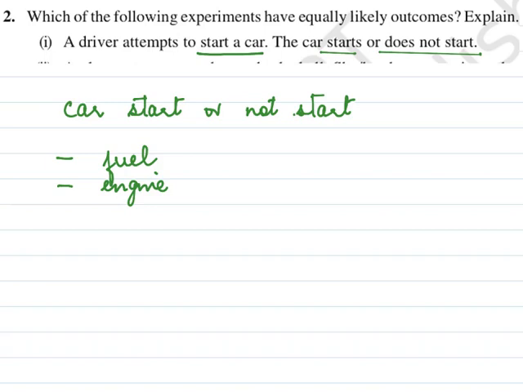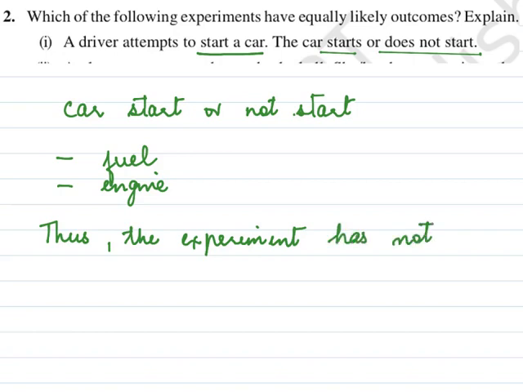So we cannot say whether there is an equal probability or not, because we do not have enough information right now. Thus we can say the experiment does not have equally likely outcomes.